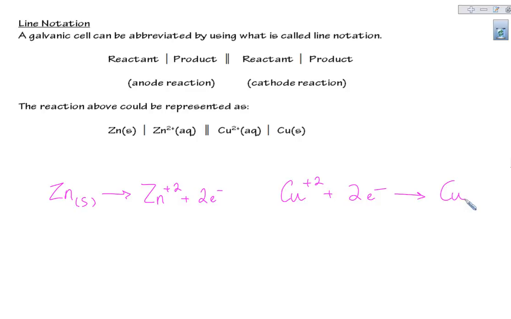Instead of drawing all the beakers and electrodes and all that salt bridge stuff, they might use this line notation. It is like an abbreviation for a big giant galvanic cell.